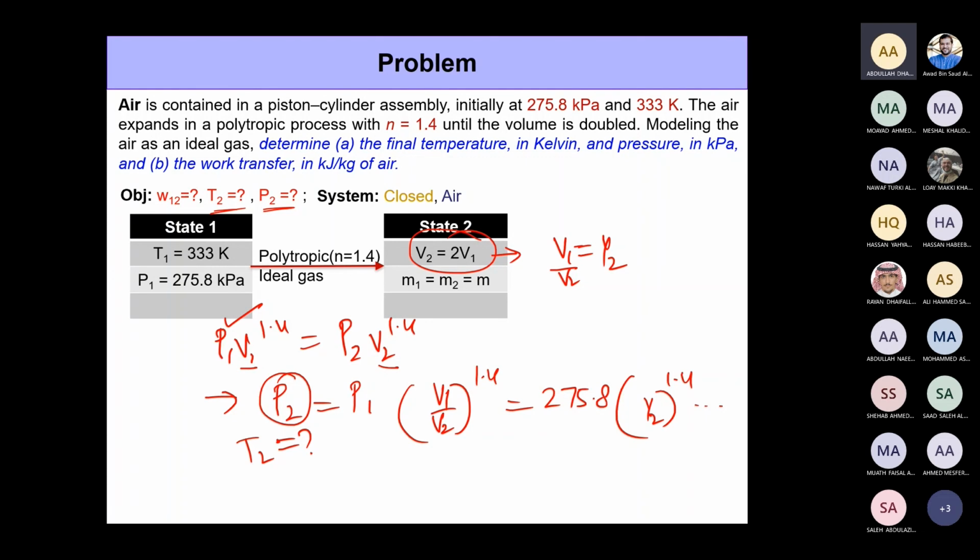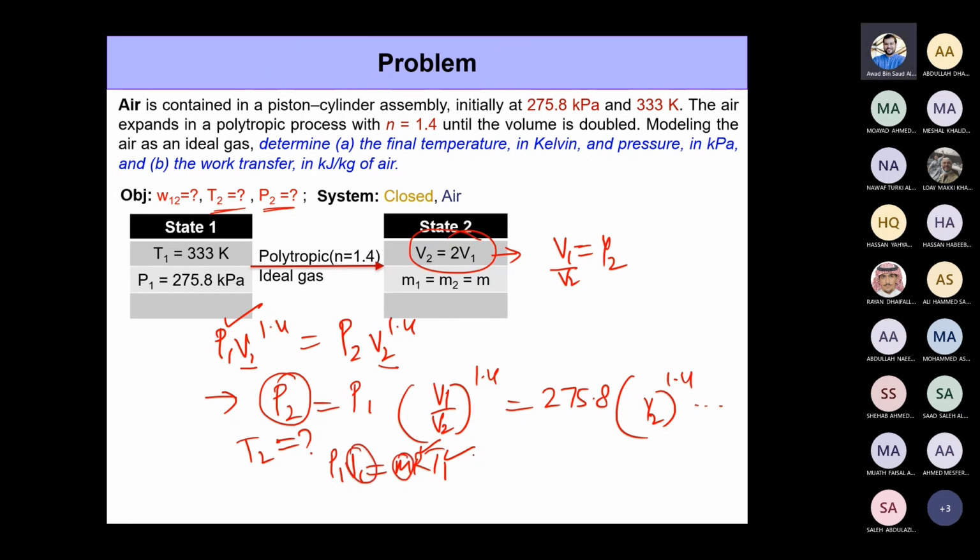Ideal gas equation, yes. We'll make use of the ideal gas equation, and actually a specific form of the ideal gas equation would help us, right? If I just write P1 V1 is equal to mR T1, I have T1, I can get R, but I don't know mass, I don't know volume.